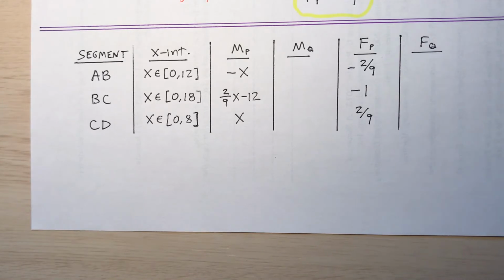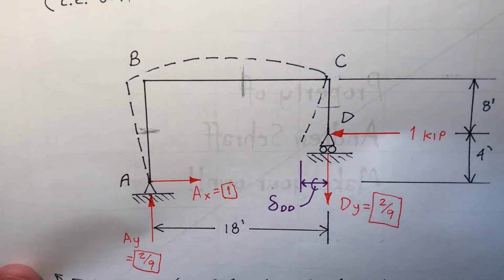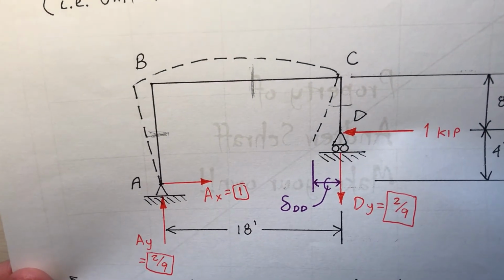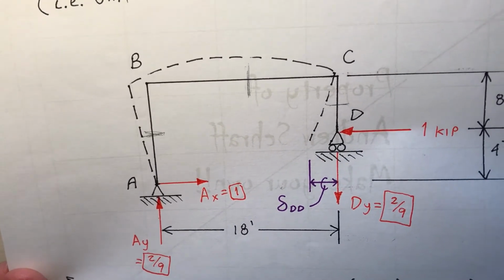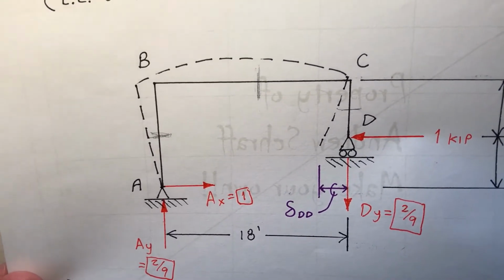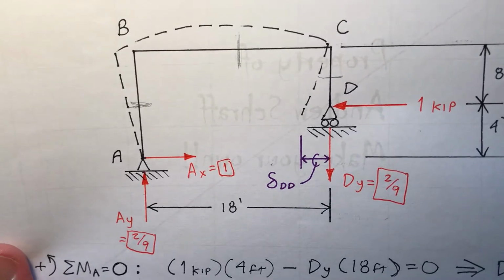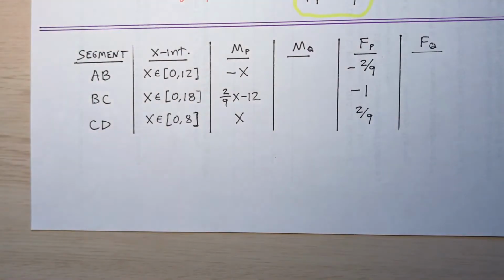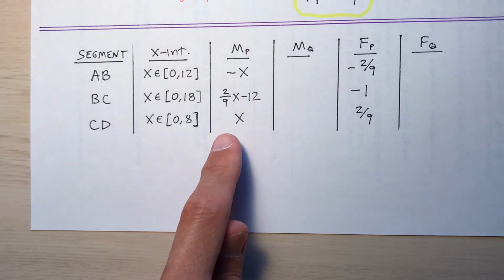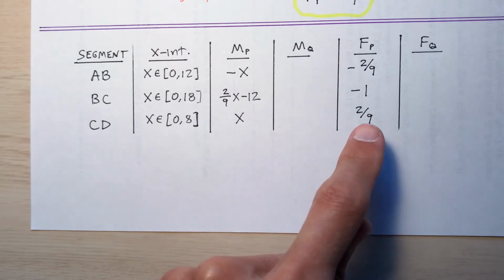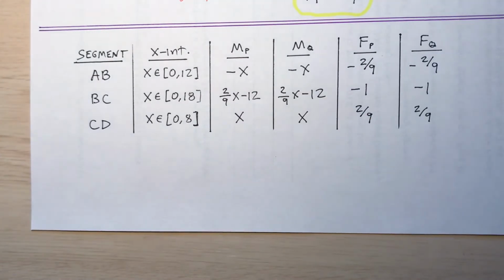Remember that P is the real system. Now I said a little while ago that I would be modeling this as both the real system and the virtual system, meaning that I don't have to redo this whole thing. I can actually copy this column into the virtual column, just like that.